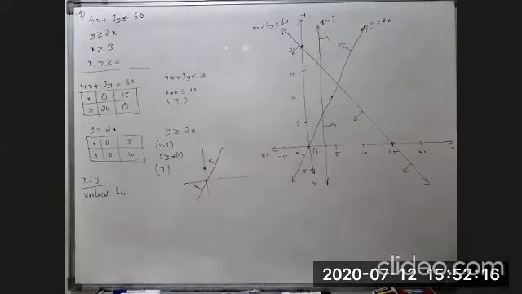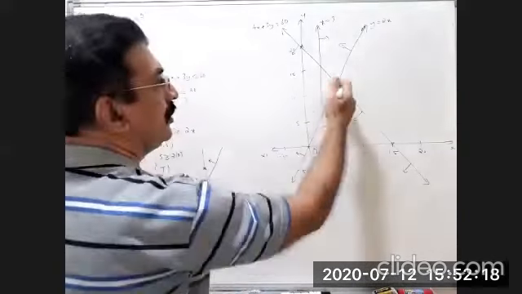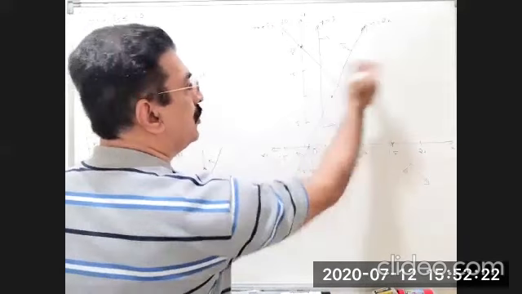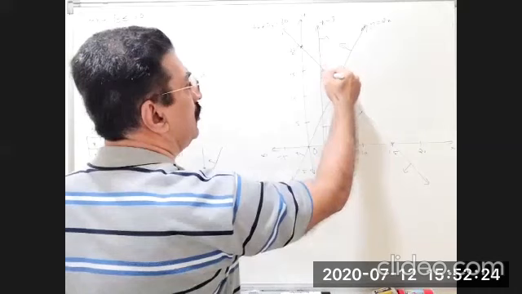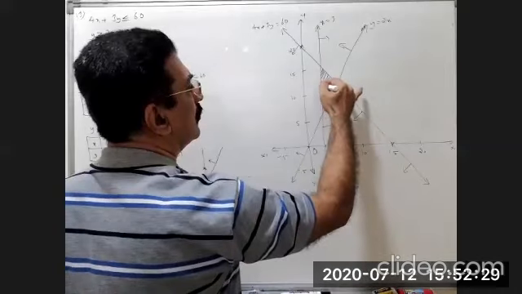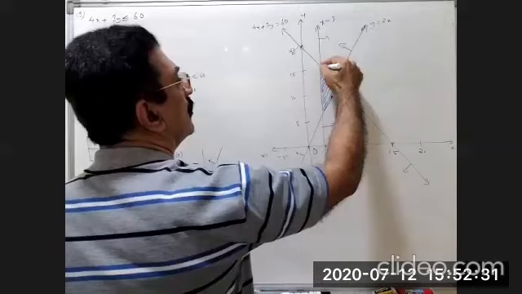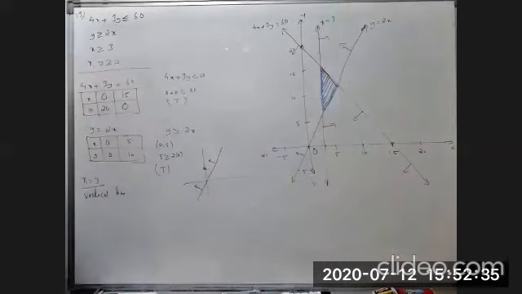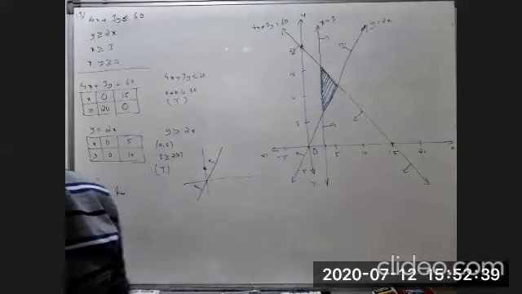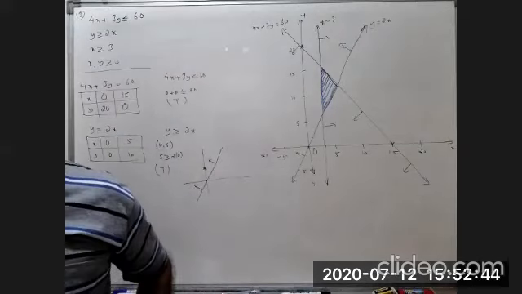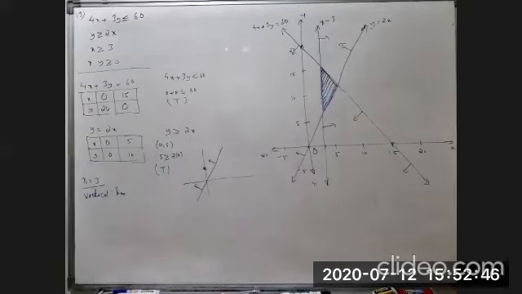See the boundaries of this triangle: towards down, towards up, towards right. So this is the required area, and the shaded region is the solution. The shaded area is the solution.